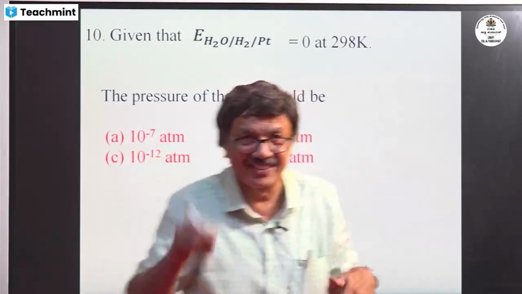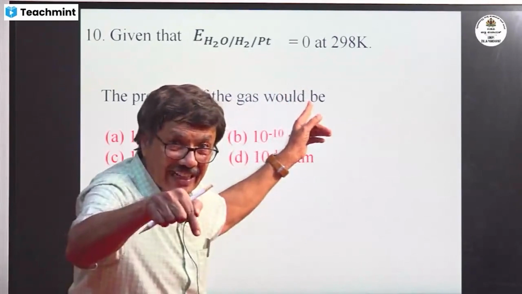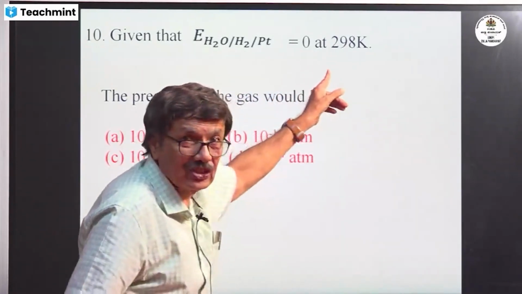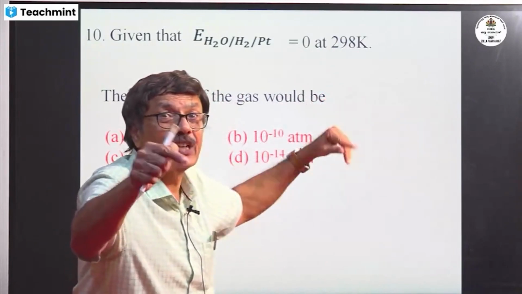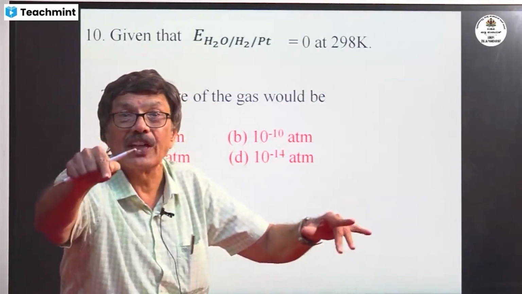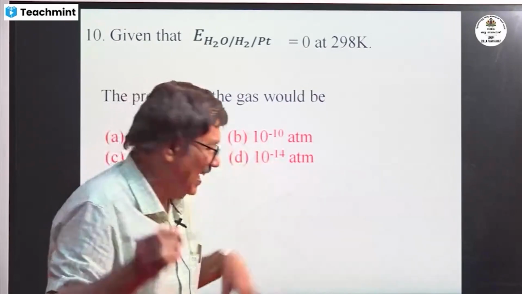What they have done is dip it in water. In spite of that, they want its electrode potential to be 0 only. So they have asked, at what pressure if you pass hydrogen does this also show a potential of 0 volt. Now let me write the reduction reaction in the hydrogen electrode.